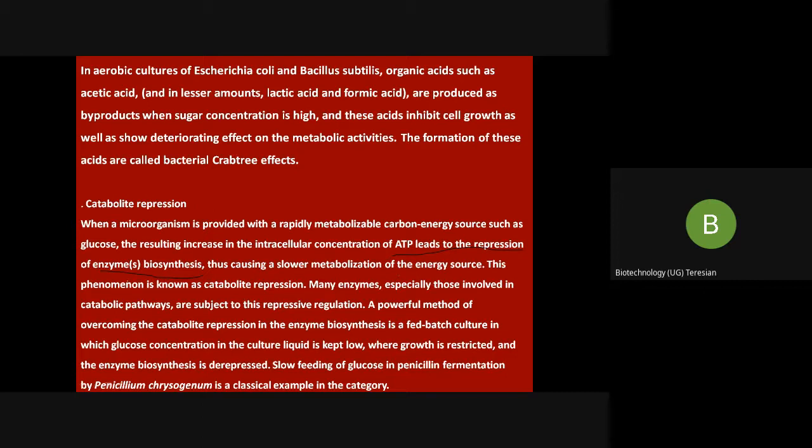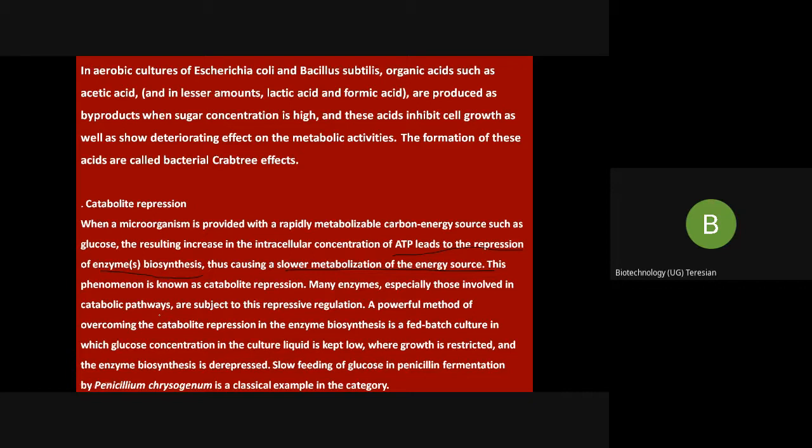It leads to the repression of enzyme biosynthesis, thus causing a slower metabolization of the energy source. This phenomenon is known as catabolite repression. That is, your ATP leads to the repression of the enzyme, or it is suppressing the enzyme.